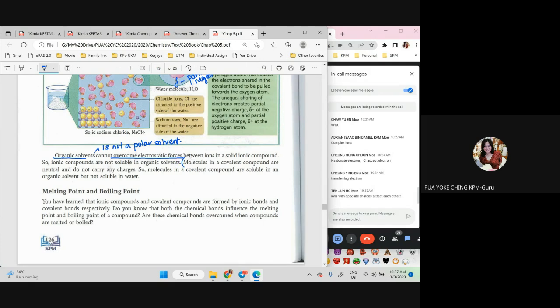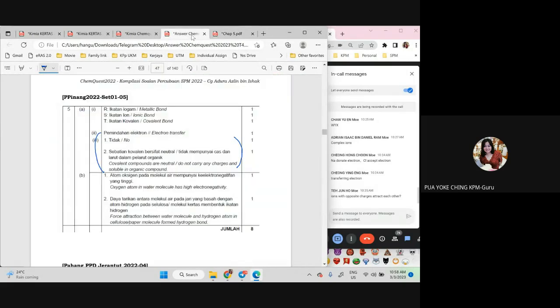Kalau dia covalent, covalent are neutral, do not carry any charge. So dia tak ada charge, dia tak ada electrostatic forces, so water tak boleh putuskan, so memanglah tak boleh. Okay, so you saw this one answer scheme. It's neutral, it didn't have charge. Okay.